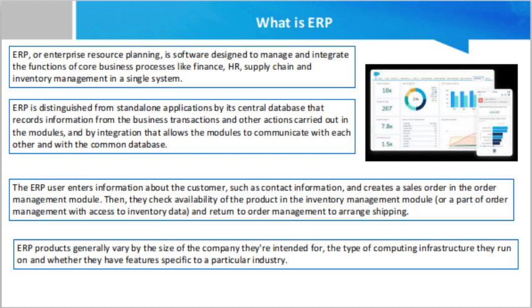A basic human resource management system handles employee records, benefit management, and payroll, but often adds talent management functions such as recruiting and performance management. Other ERP modules common to most businesses include order management, customer relationship management, and purchasing procurement.